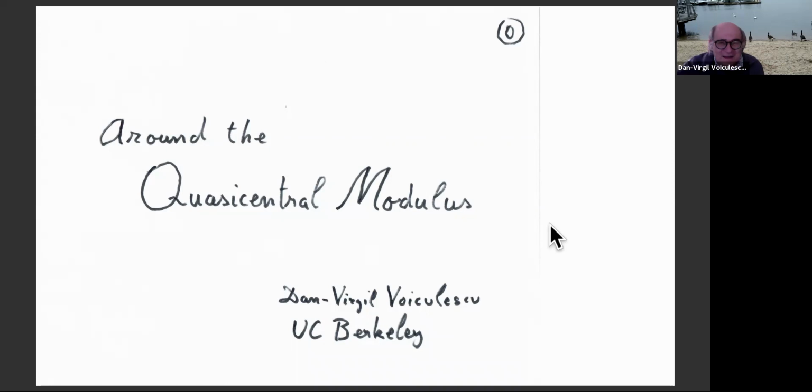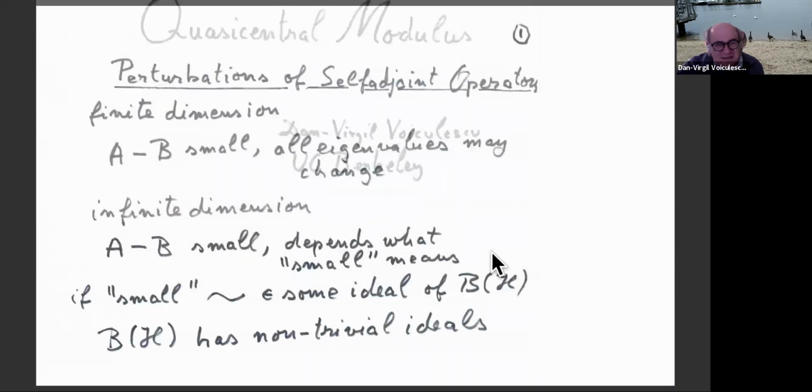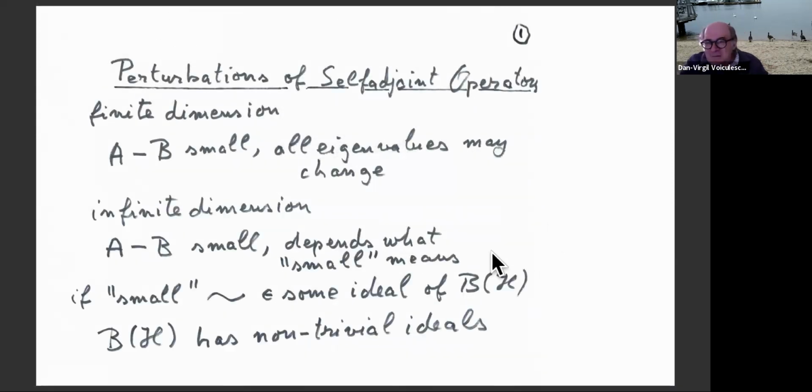There is a big difference between perturbations of Hermitian operators in finite dimension and in infinite dimension. In finite dimension, the difference between two Hermitian operators may be as small as you want, and still nothing of the structure of the Hermitian operator is preserved.